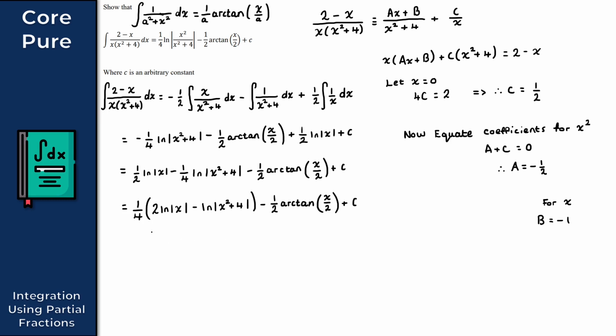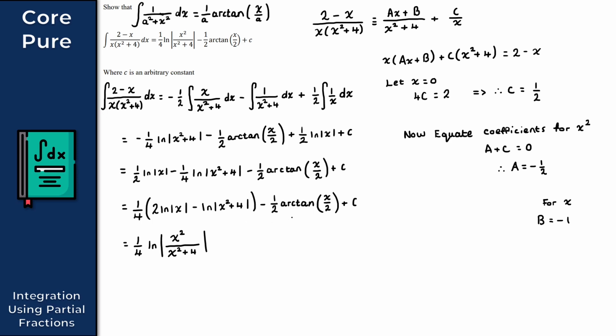Then we're pretty much done at this point. We could write this as ln of x squared minus ln of x squared plus 4, and then writing that as a single logarithm as a quotient, we obtain 1 over 4 ln of x squared, just using the power rule for logarithms, all over x squared plus 4.